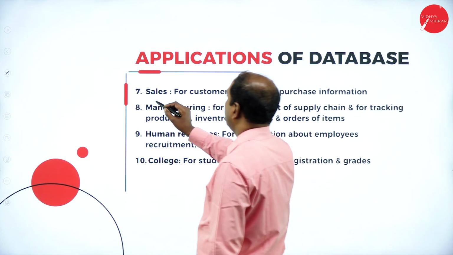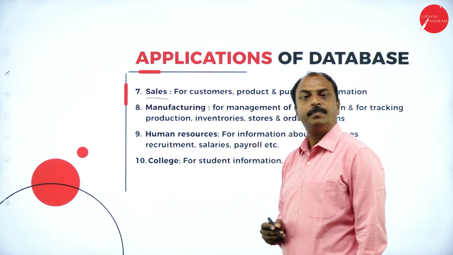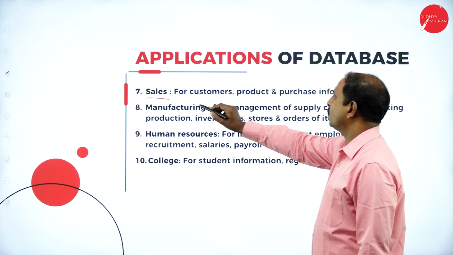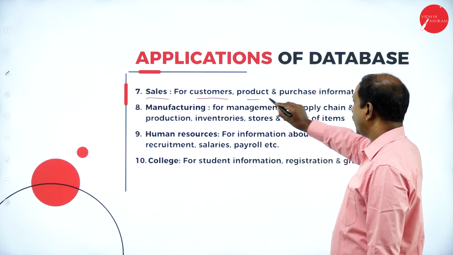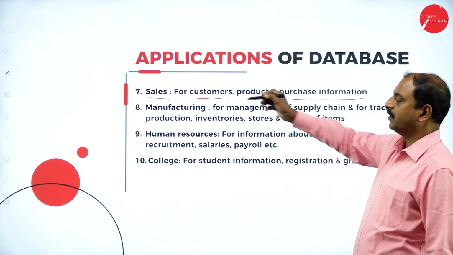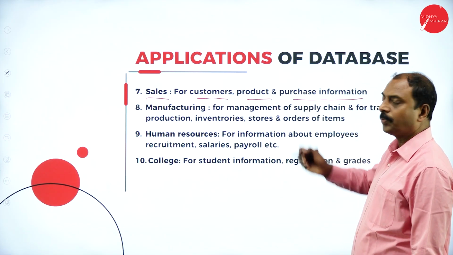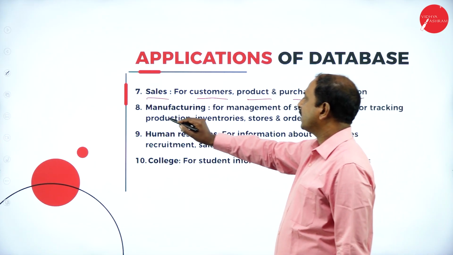Next one is in sales. In business, we are using it to store customers' details, products, and purchase information in the form of sales for different products. Next one is in the manufacturing unit.